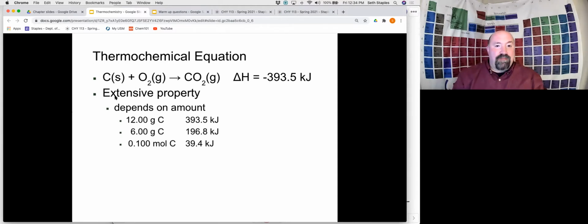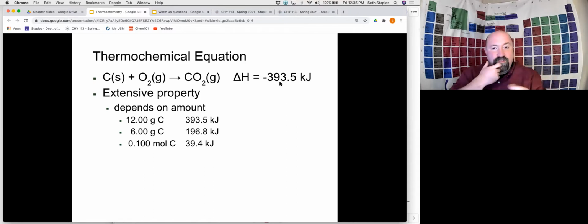And so if I have 12 grams, assuming that carbon in this case is my limiting reactant, if I have 12 grams of carbon, that's about 1 mole of carbon, then I'm going to release the 393.5 kilojoules. If I only have 6 grams of carbon, however, that's half a mole. Half a mole is only going to release half as much energy.